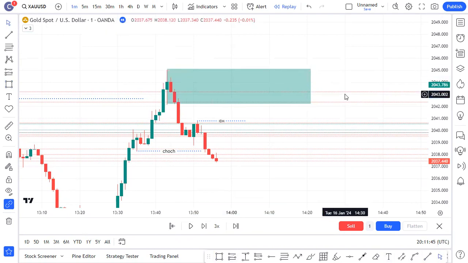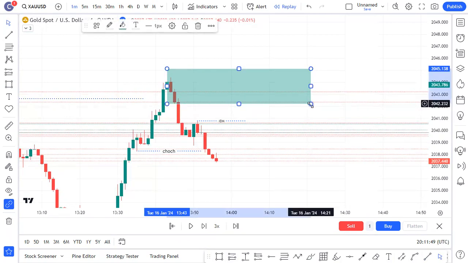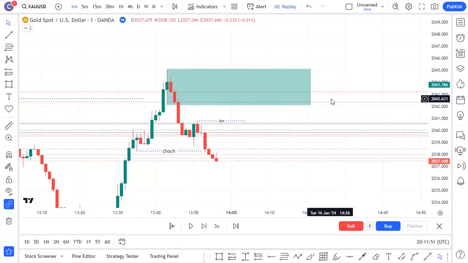Supply zone is just another additional information of where the market is likely to react from. Okay, it's not a must. Earlier I had said it's not a must that the market reacts to your supply zone, but if it does, then that's an additional advantage to you.